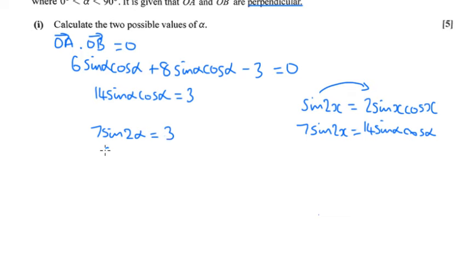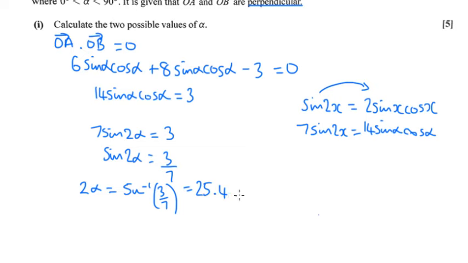We can divide by 7, and find the inverse sine of 3/7. Remember we're in degrees because it said that alpha is between 0 and 90. Inverse sine of 3/7 is 25.37, 25.4 to 3 significant figures.